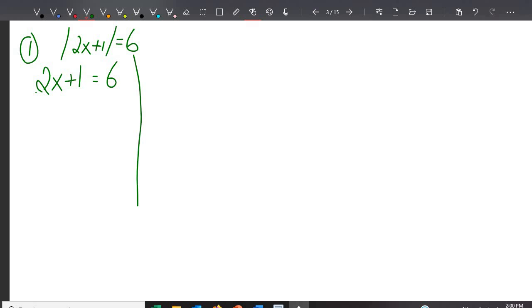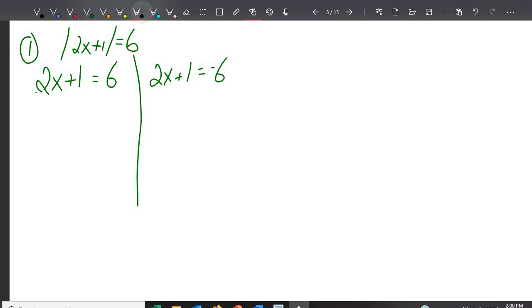Alright. We'll do this first one. Suppose this is my absolute value. I take the 2x plus 1 out of the absolute value symbol, and I'll set it equal to +6. Then I turn around and take the 2x plus 1 and set it equal to -6.